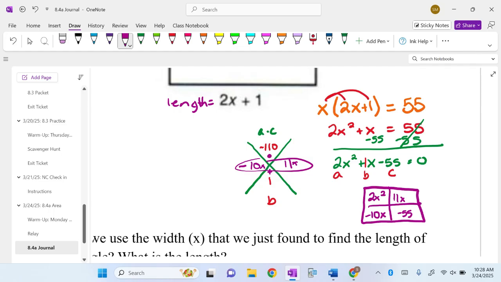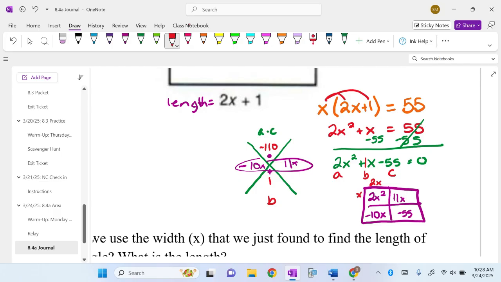Good. So the biggest issue is we have to figure out where that 2x goes. Will the 2x go on top or on the side? Why would it go on top and not the side? Right. The 2x has to go on top because if we put it on the side, nothing times 2 that's not a fraction would give us 11. We want whole numbers that would give us 11.